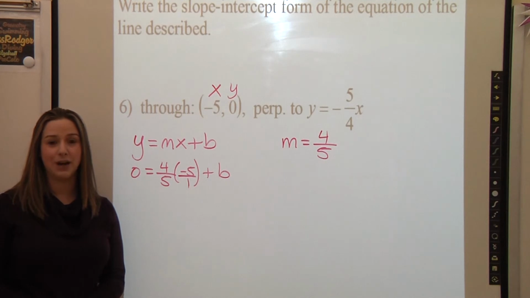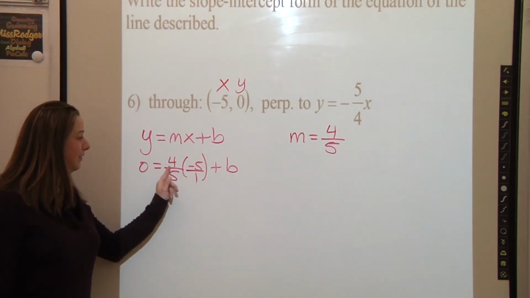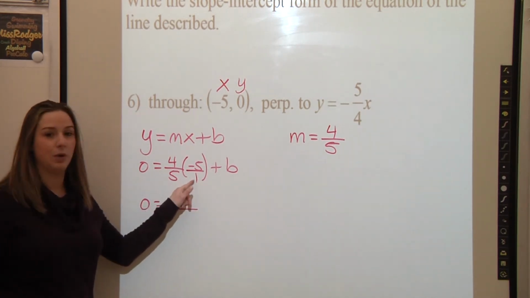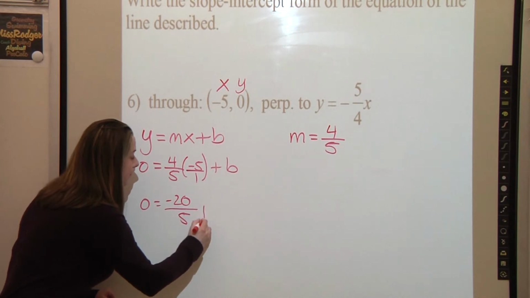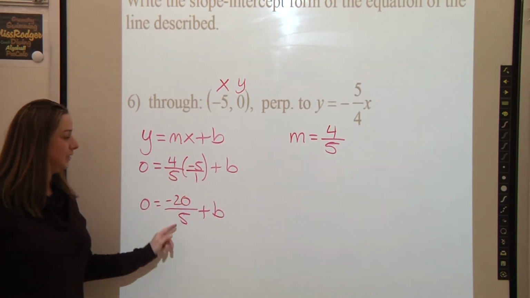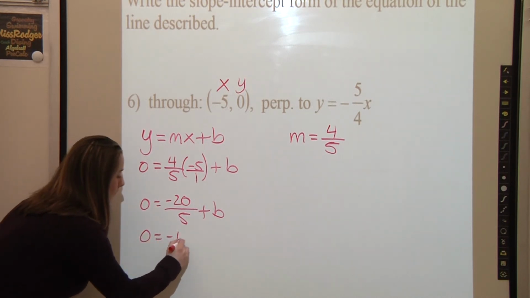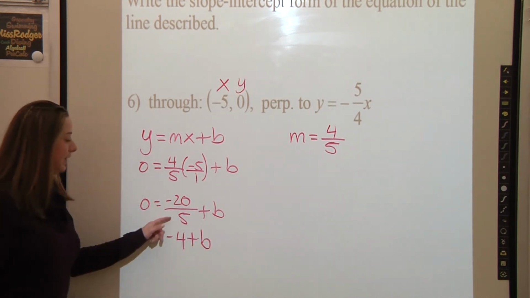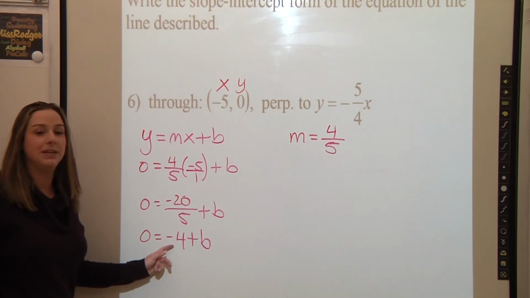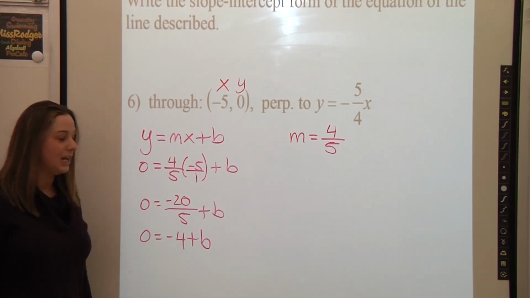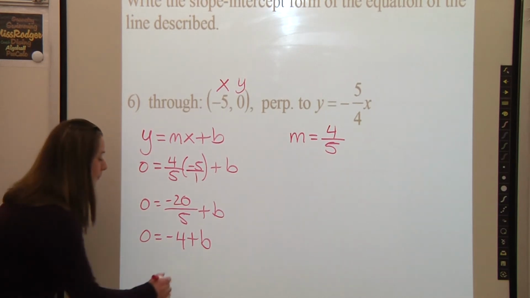Remember, when you multiply fractions, you multiply the two numerators and the two denominators. 5 times 4 is -20, and 5 times 1 is 5. I can cross cancel, or I can reduce after. -20 divided by 5 is going to give me -4. 5 goes into 5 once. 5 goes into -20, -4 times.